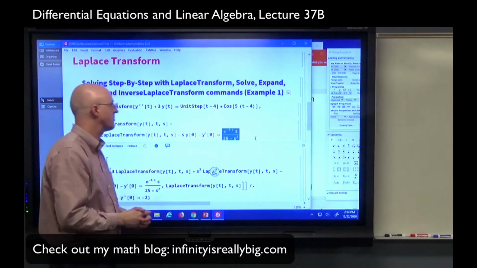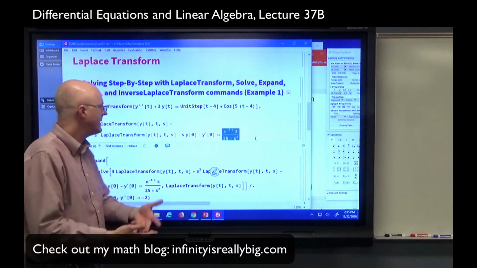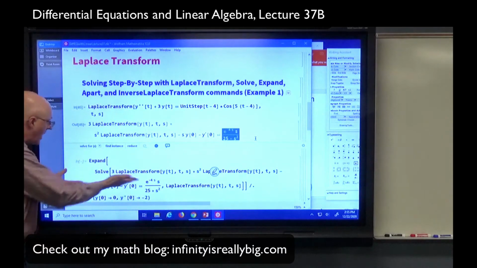We've talked about those properties as well. You should take the time to check this. So that's what happens when you apply the Laplace transform function in Mathematica to the equation. What do we do when we use this now, when we do it by hand? We try to solve for the unknown Laplace transform. That can be done with Solve in Mathematica.